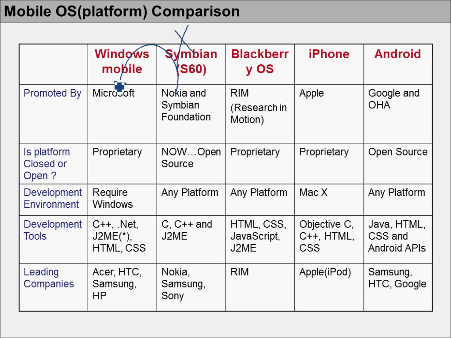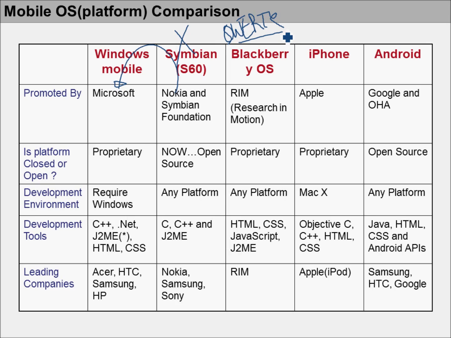Let us discuss the BlackBerry operating system. It was developed by a company called Research in Motion, a Canada-based company, and it was one of the most popular smartphones in the world till a few years back. BlackBerry gave us one of the most innovative QWERTY keyboard-based mobile phones.